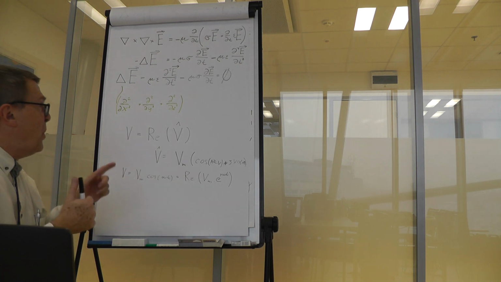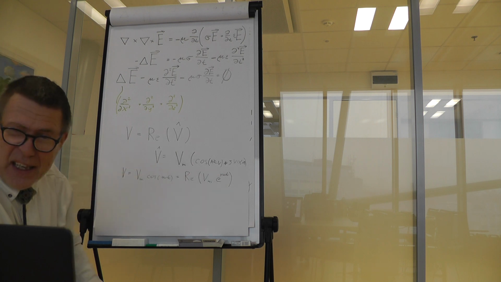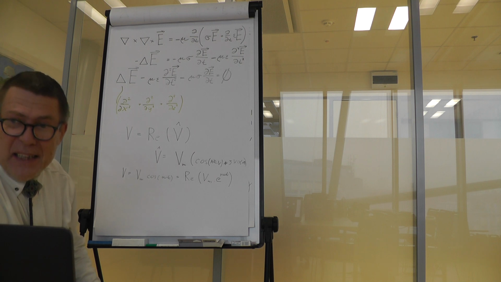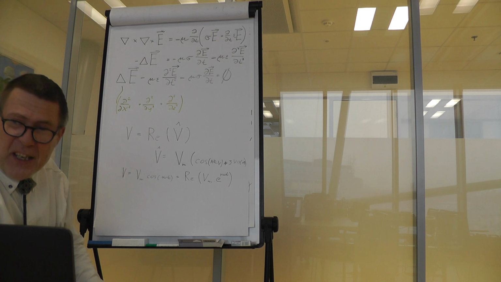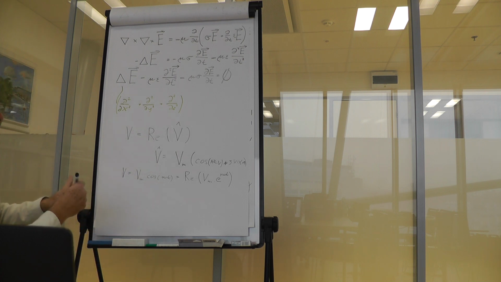So the important point is that if we have a phasor that has the j omega t time dependence in it, the derivative of that phasor is j omega times that phasor. So I will put it down.